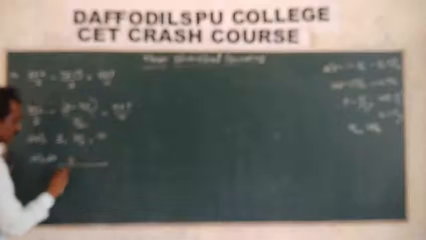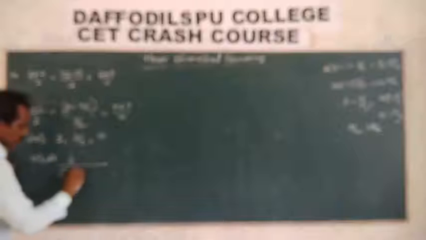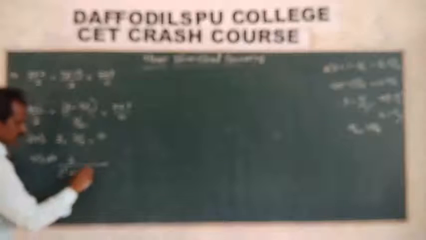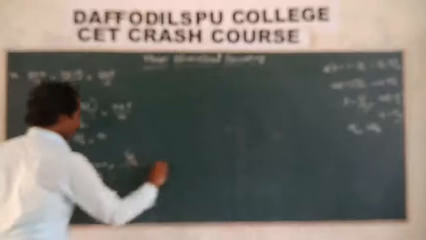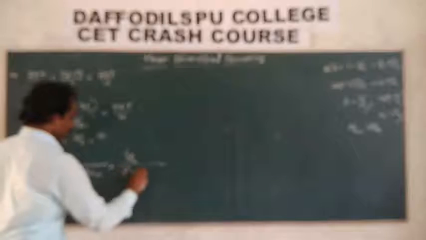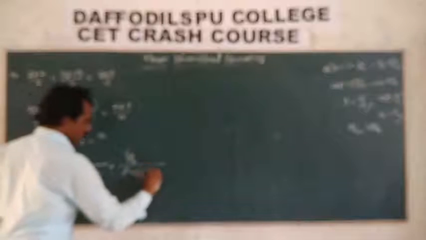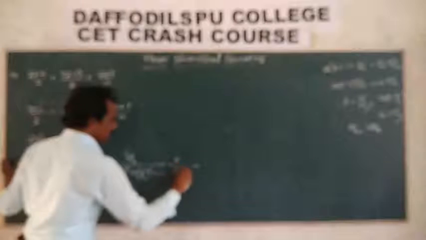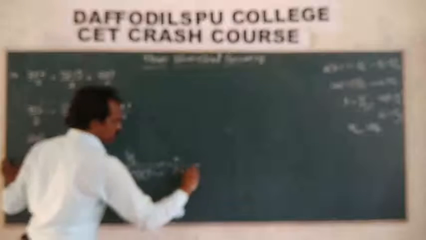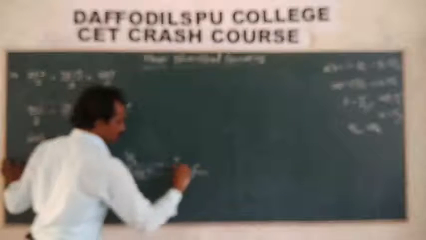What are the direction cosines? These are 2 divided by this value: square root of 2 square plus (3 by 2) whole square plus 0. Then 3 by 2 divided by the same value, and 0 divided by the same value.